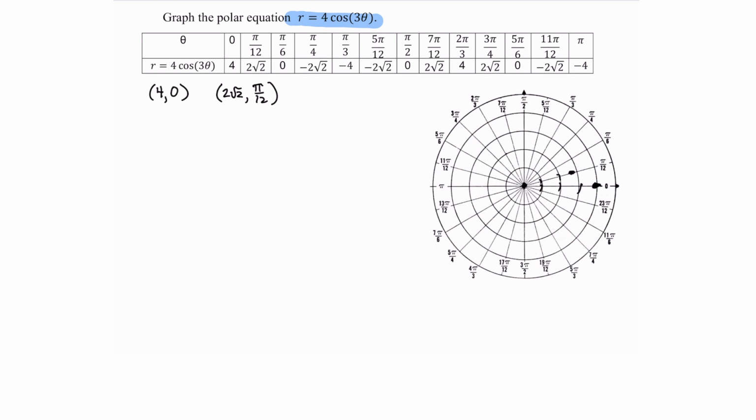And then the next one is negative 2 times the square root of 2 comma pi over 4. So this is where we're going to do our rotation to face the pi over 4 line, but instead of walking forward on that, we are going to walk backwards. So just to see it a little bit better, our pi over 4 is here. That's the pi over 4 line.